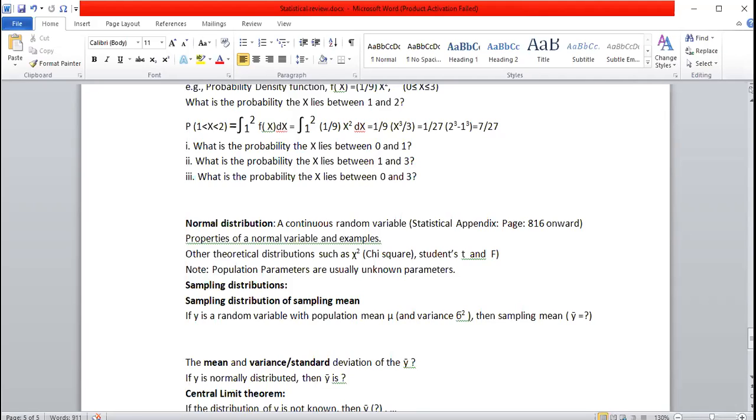If you take like 500 samples, how many means do you get? 500 means. 500 Y bars. No. Theoretically, how many samples can you take? Millions of samples. And how many Y bars will you get? Millions of Y bars. And then is Y bar now a constant or a variable?